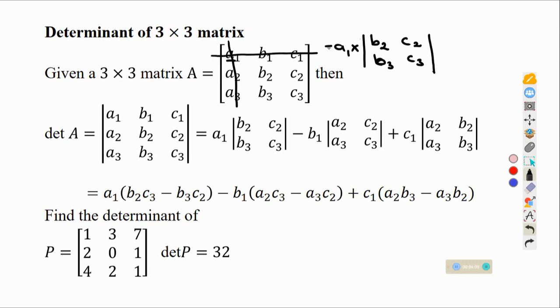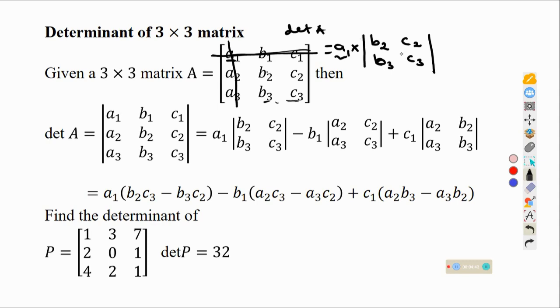So we are now getting the determinant of this matrix A. You begin with A1, multiply it with the determinant of the remaining entries when you have eliminated the row and column where A1 lies. This value lies in the first row, first column. So eliminate the first row, first column, then get the determinant of the remaining entries, which is B2, B3, C2, C3.